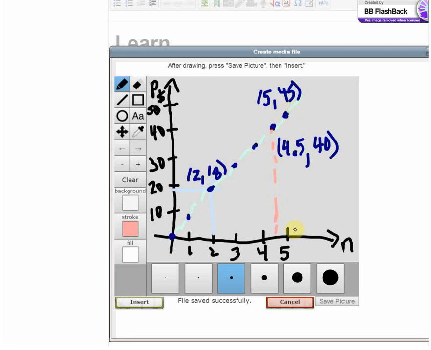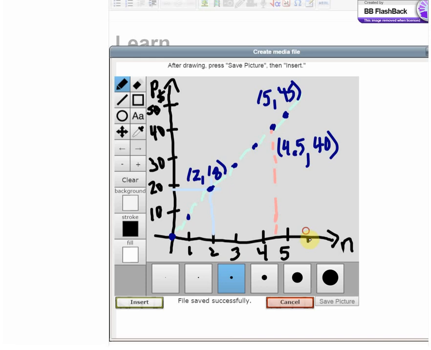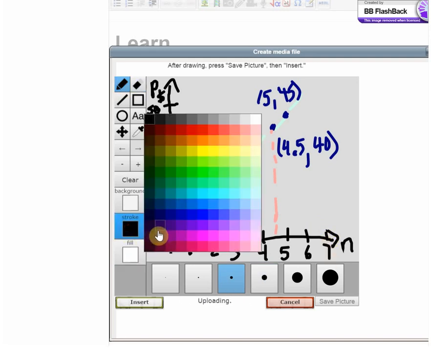If your graph only went up to 5 originally, but you'd like to look at, well, in the future I'm hoping to expand and maybe get up to 7 lawns. How much money would I make? You can use your graph. 6. Oops. 7.